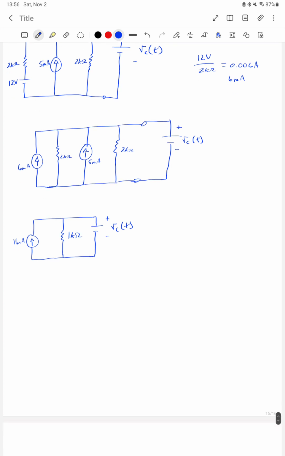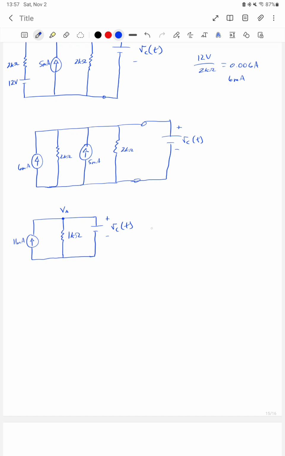The important part to remember here is that what we're trying to derive is our differential equation. So the easiest way to do this is to write KCL right here at this node. We can call this node VA if we really want to.